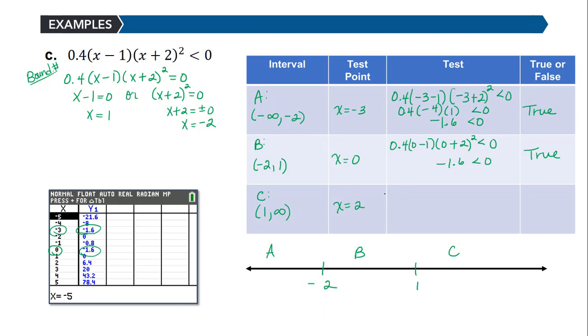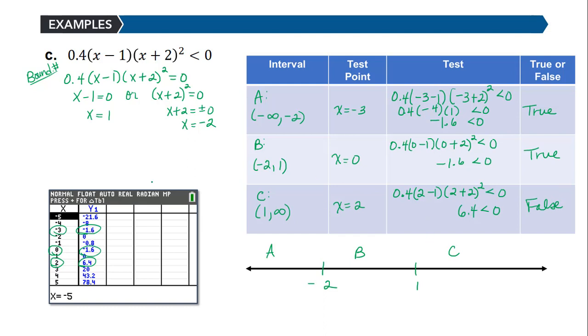And then in region C, if we plug in 2, we get 0.4 times 2 minus 1 times 2 plus 2 quantity squared. Is that less than 0? When we plug in 2, the output is 6.4, but 6.4 is not less than 0, so that is false. So notice that our regions are testing true, true, false.